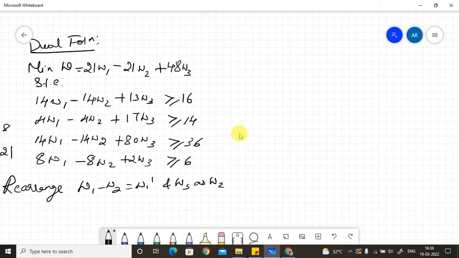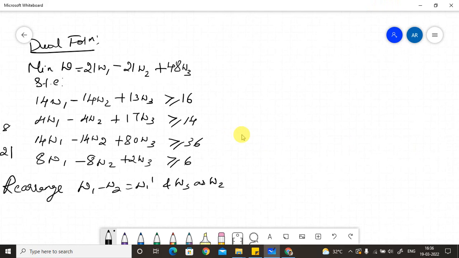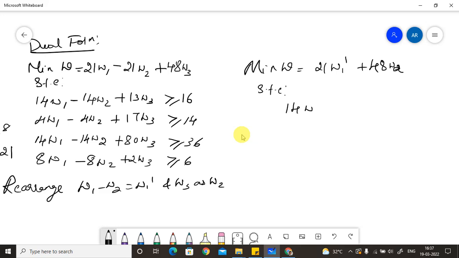The final dual form will be min w equals 21w1 dash plus 48w2, w3 replaced as w2, which are subjected to constraints 14w1 dash plus 13w2 greater than or equal to 16.